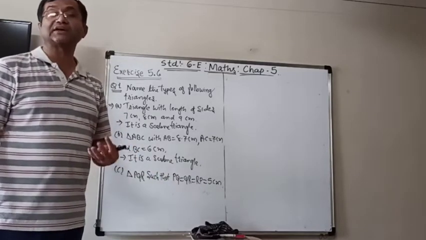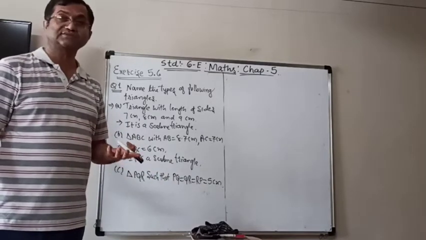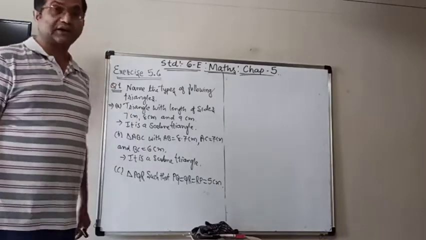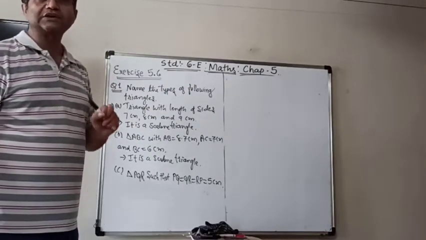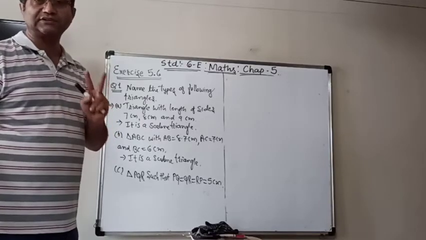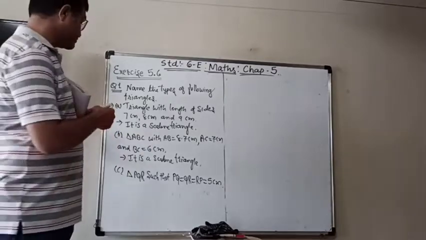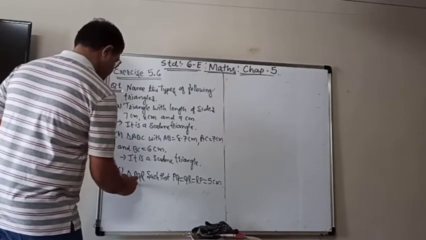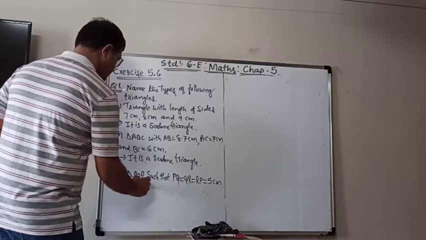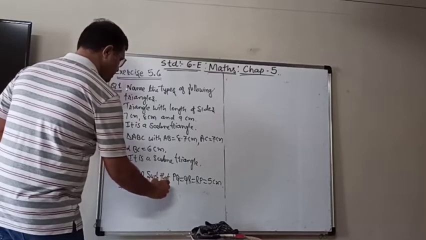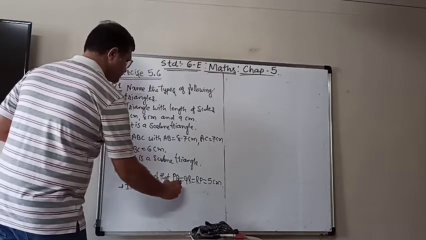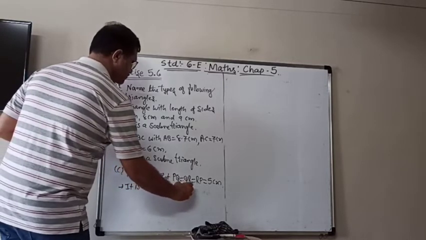All three sides are of the same size. Then which type of triangle is it that we learned? It is an equilateral triangle because all three sides are the same. So it is an equilateral triangle.